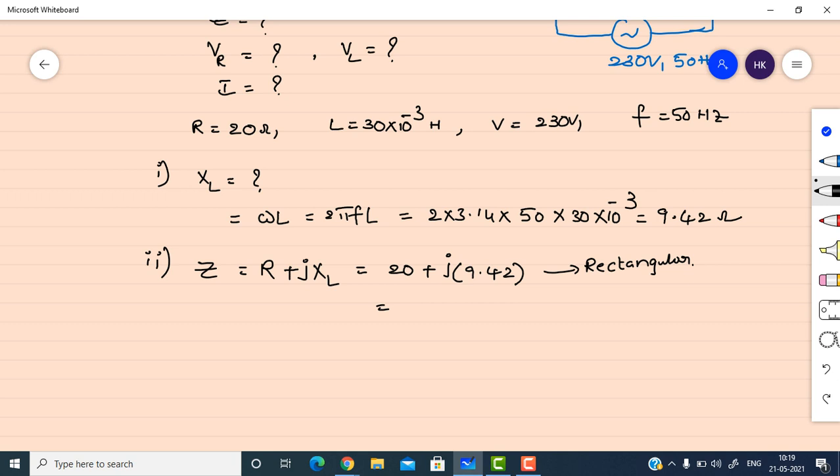You have to press shift plus, then it will show you POL in your calculator.